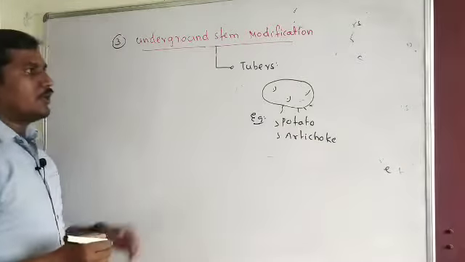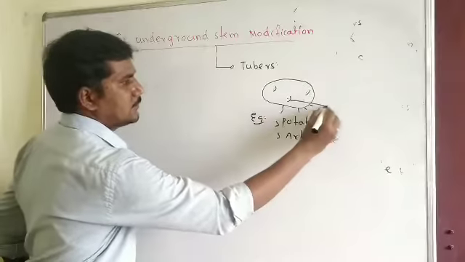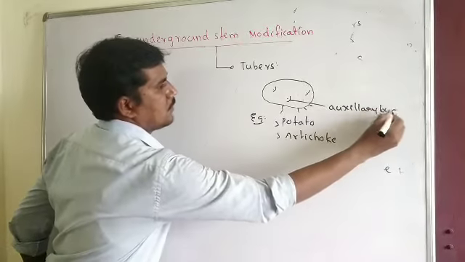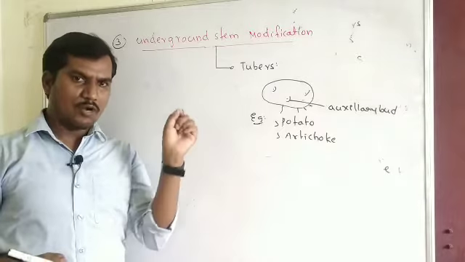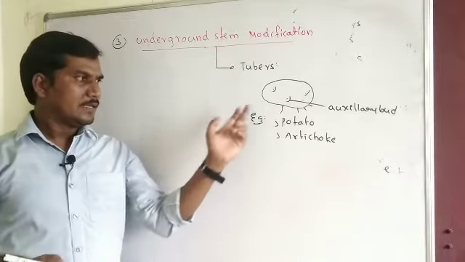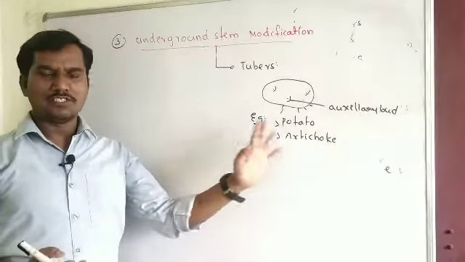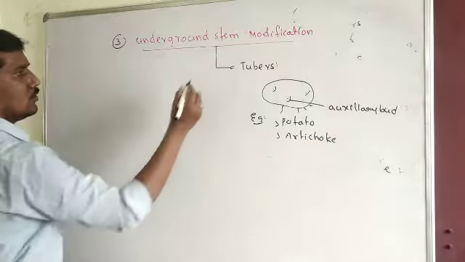Very important, the tuber consists of axillary buds, eye-shaped structures which we call axillary buds. Each tuber consists of at least one node, at least one axillary bud, which has the capability to produce new plants in vegetative propagation. So tubers, for example, potato and artichoke.